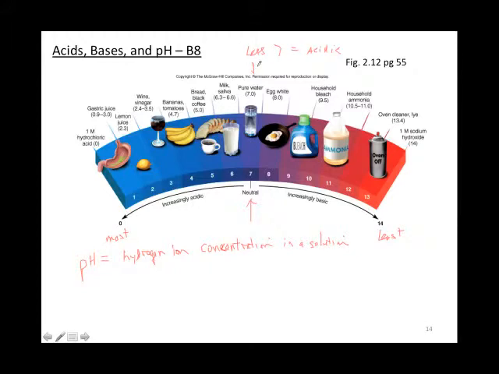Something that's greater than 7 is said to be on the basic side. So something that's very basic, let's say bleach, has a pH of 9.5, has a very much higher hydrogen ion concentration than, let's say, wine or vinegar, which has a much lower hydrogen ion concentration.